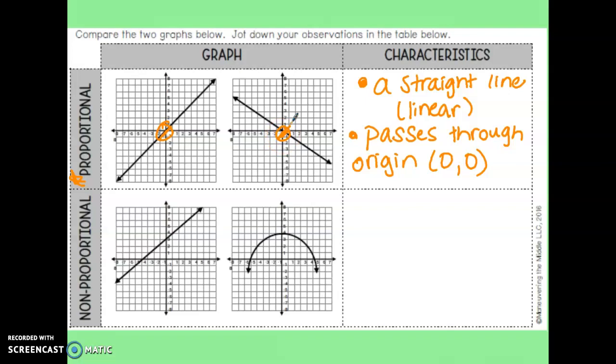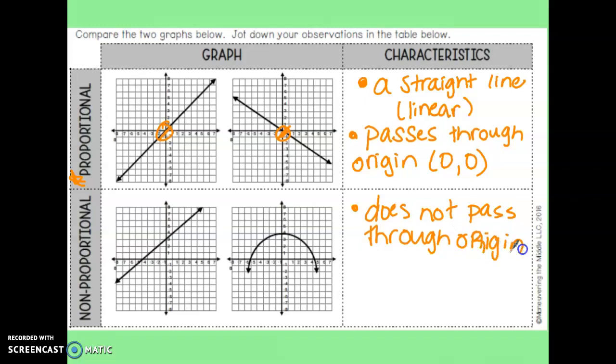You see this first graph does not go through the point 0, 0, so it does not pass through the origin. Or if you look at the second graph, it's not a straight line, so it's not linear.